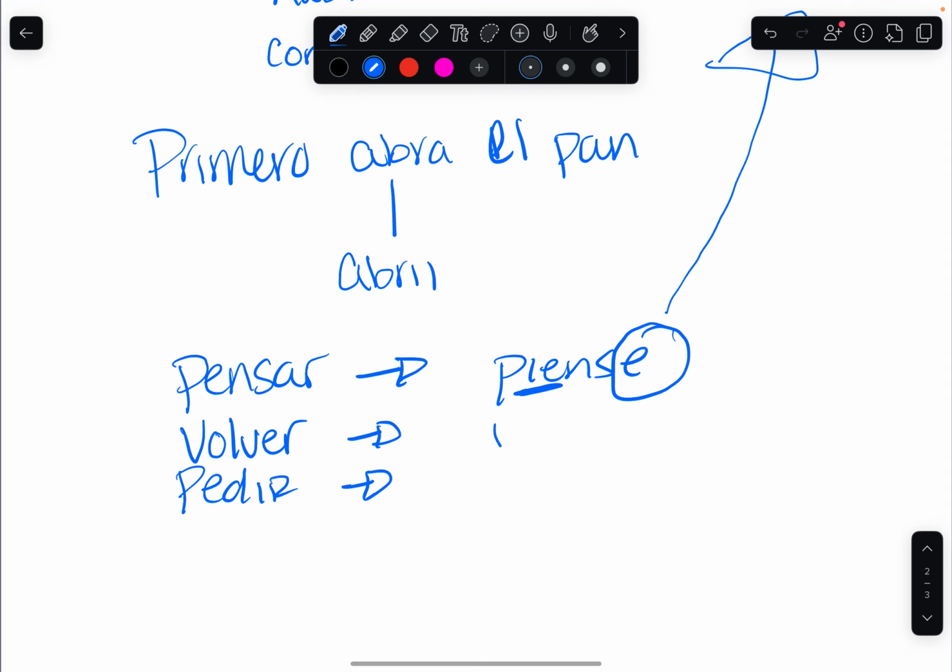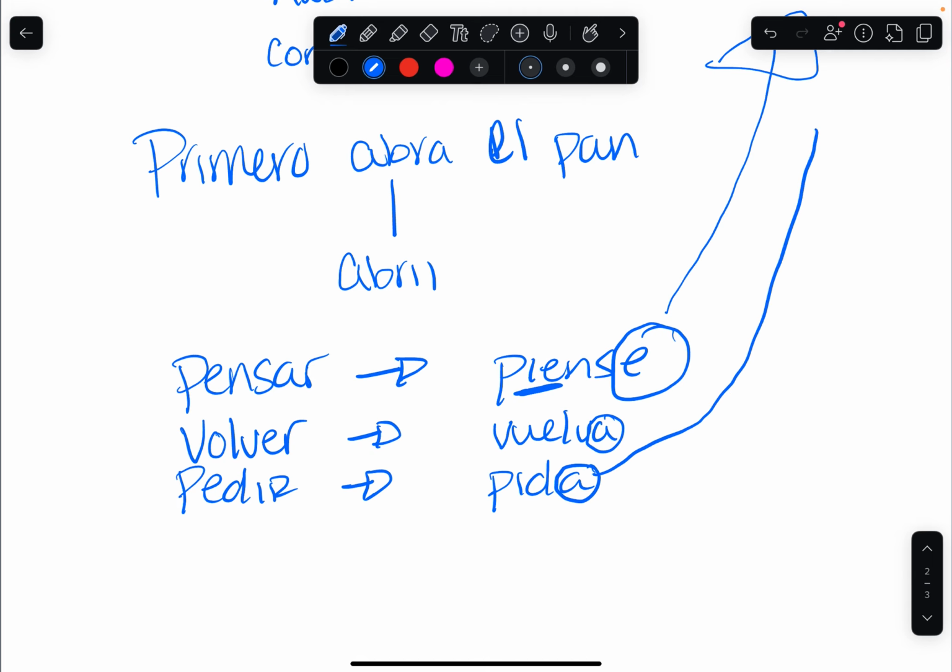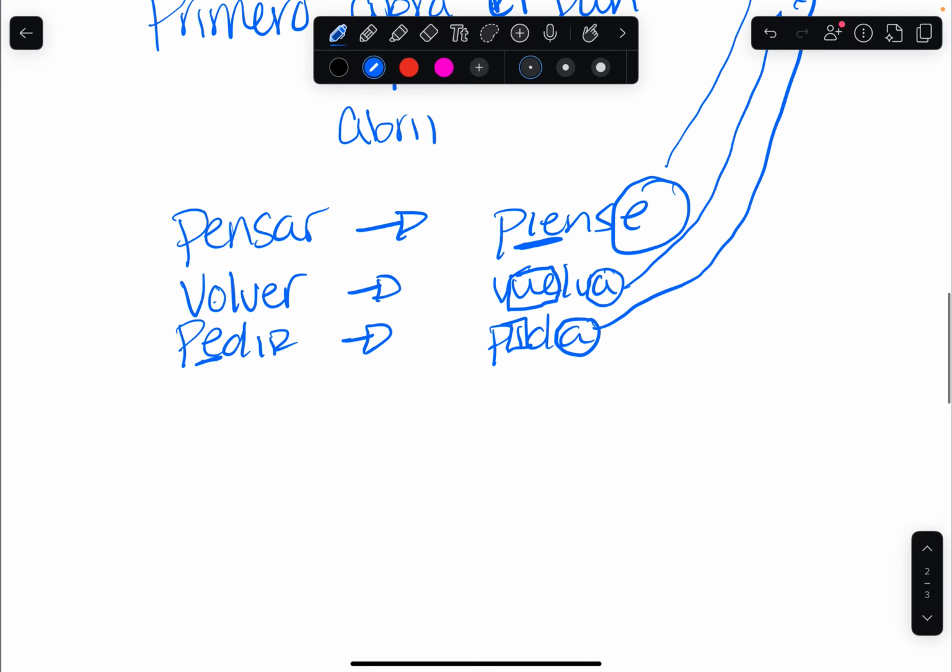And they change to vuelva or pida. Okay, this changes according to the rule that we have. And then you have the O changes to UE, and the E here changes to an I. So you have to remember the verbs that have stem changing.